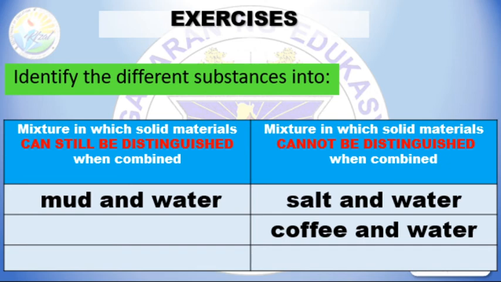We can still see and distinguish the components of mud and water when combined. Now, here are the mixtures in which the solid materials cannot be distinguished when combined. So we have salt and water, coffee and water.